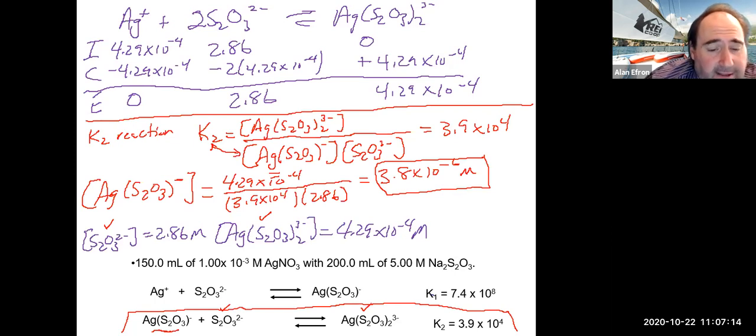Okay, now that I have this guy's concentration, if I look at K1's reaction, I now have this guy's concentration and I have this guy's concentration. I now could use the K1 reaction and figure out silver's concentration. So we'll do that.